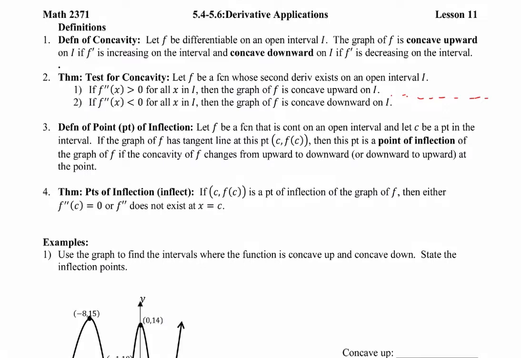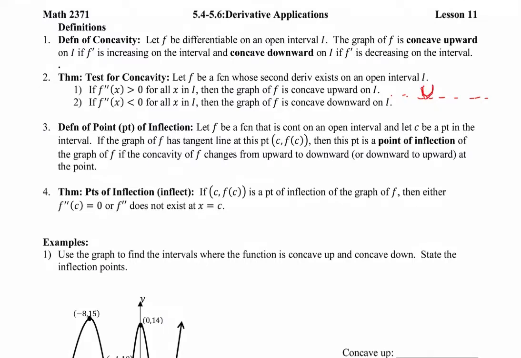Concavity tells us the curvature of the graph. So it tells us whether it goes real steep or whether it's a curve, how much it's curving. If the second derivative is going up, then the curve is going to be a smile, that it's going to look kind of smilish.